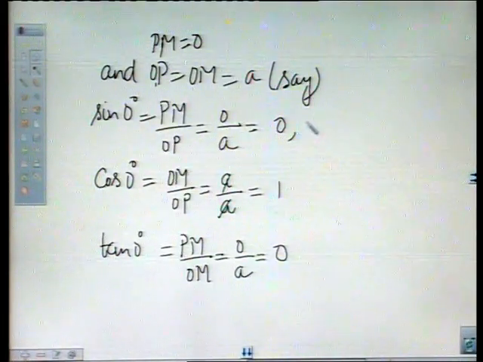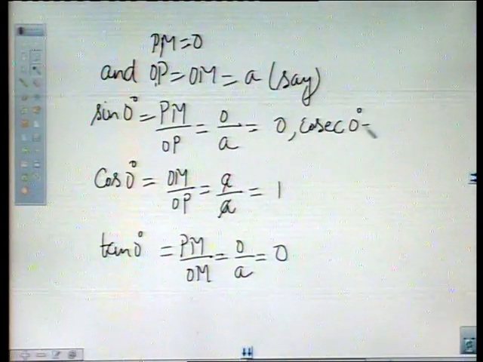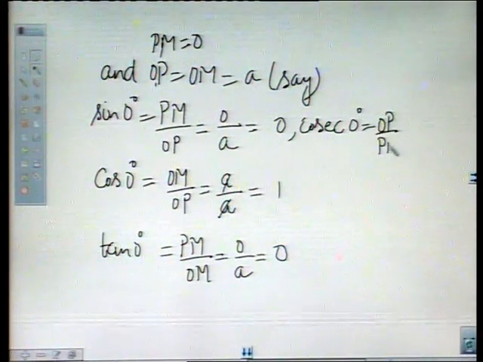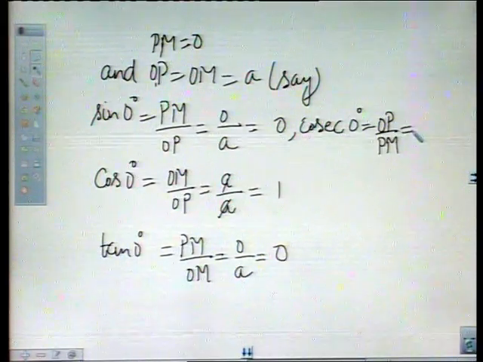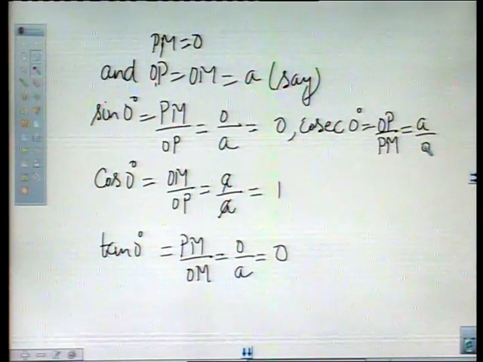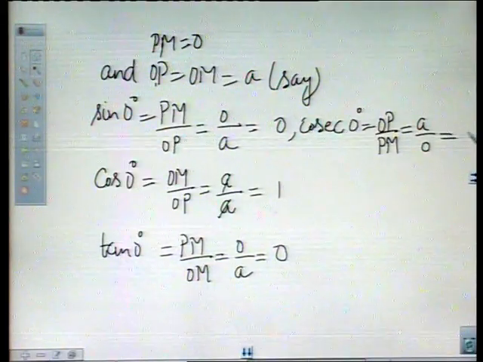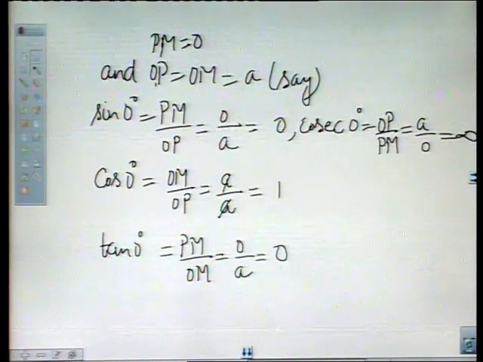We know the reciprocal of sine is cosecant 0. This will become OP over PM, and value of OP is A, whereas value of PM is 0. It means we have A over 0, that is infinity. So the value of cosecant 0 degree comes out to be infinity.